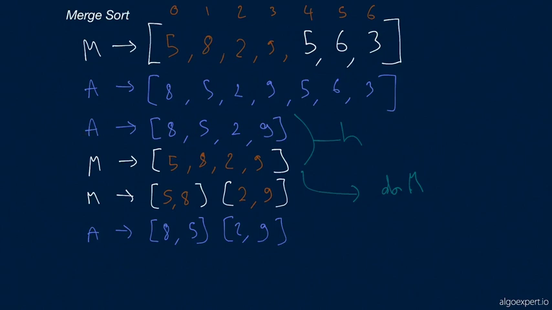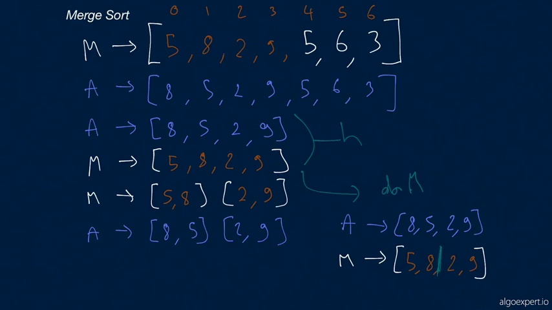So it's going to take in as its top array 8, 5, 2, 9, and as its auxiliary array, as its bottom array, our main array, which is not sorted, sorry, but it consists of two sorted subarrays, right? 5, 8, and 2, 9 are both sorted.